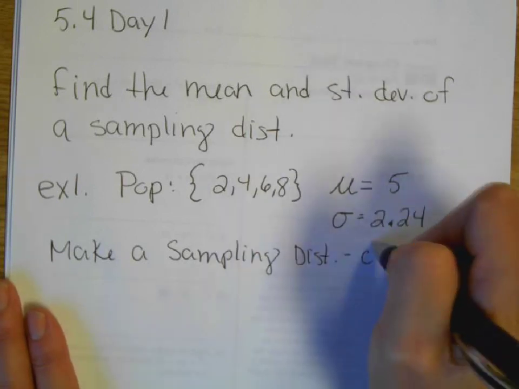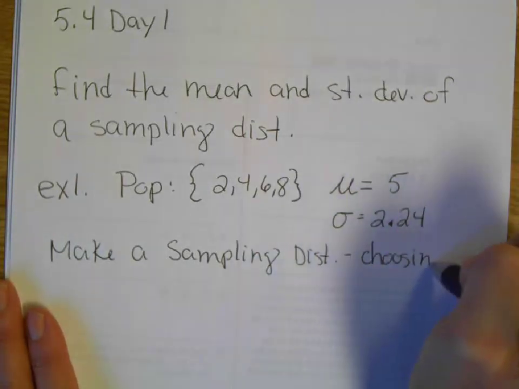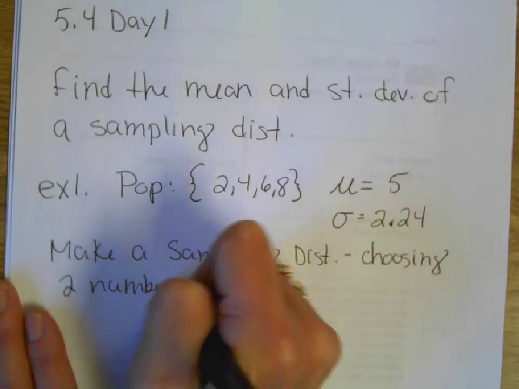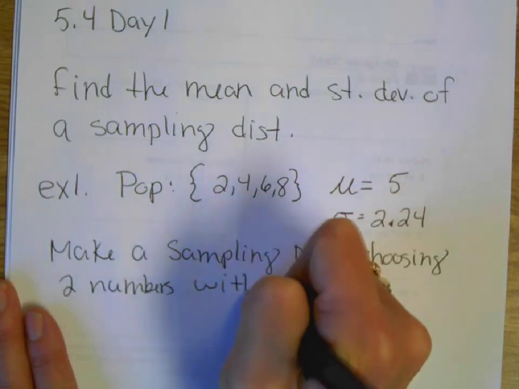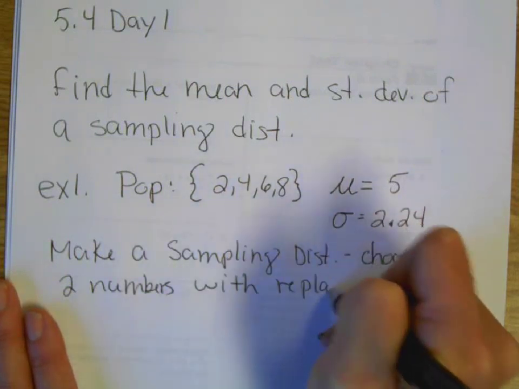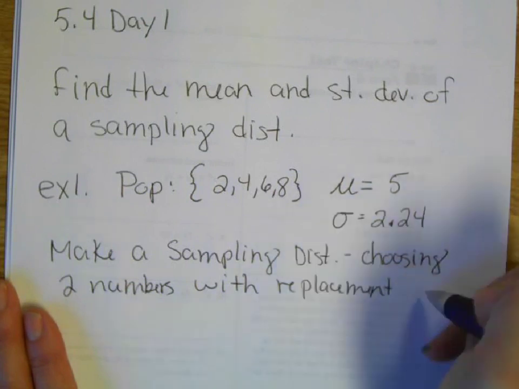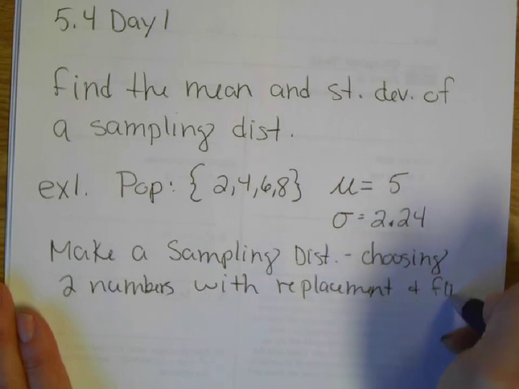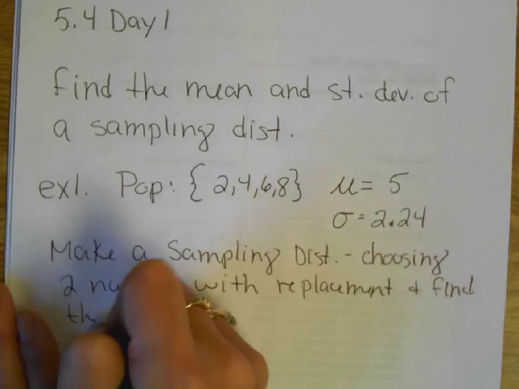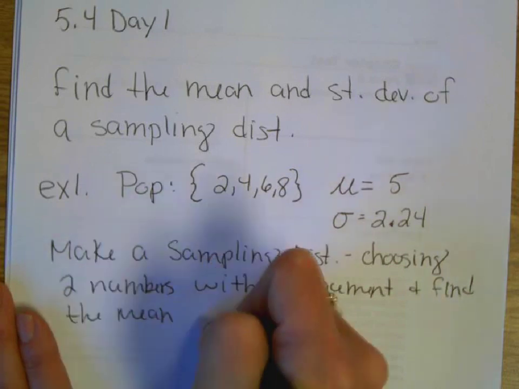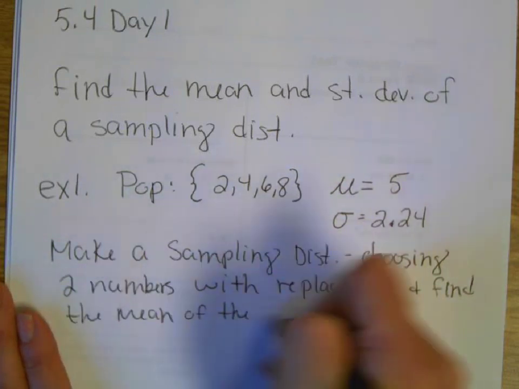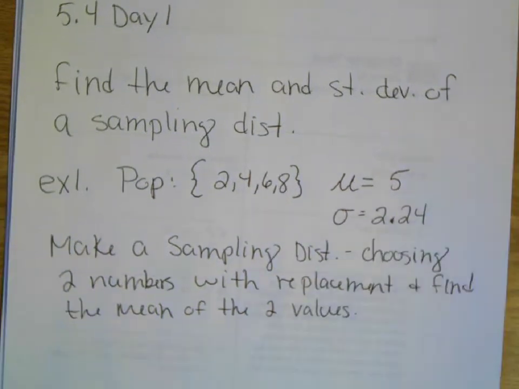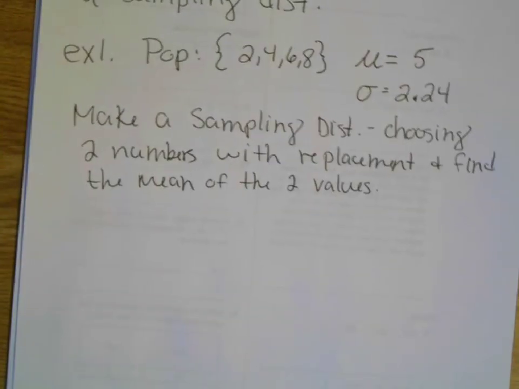Okay, now what we're going to do is make a sampling distribution choosing 2 numbers with replacement, and finding the mean of those 2 numbers. So we're going to be very organized with this.